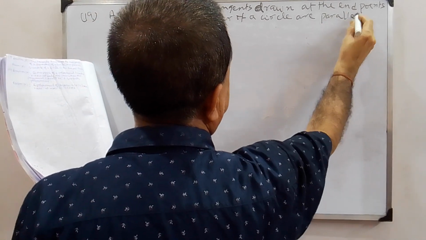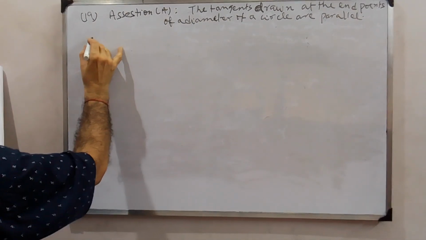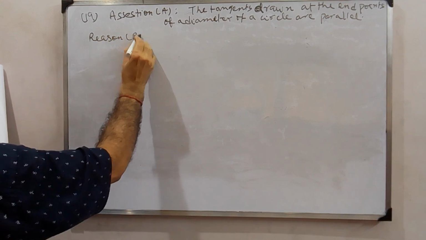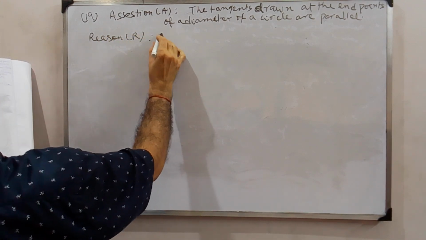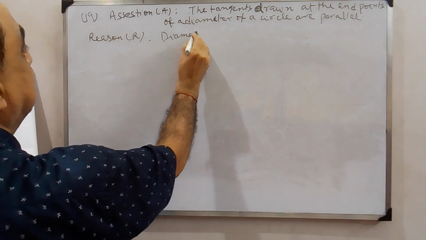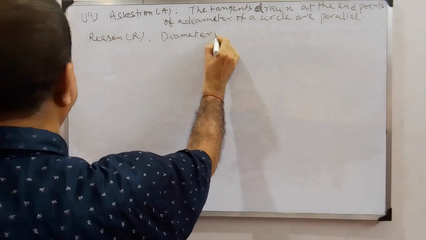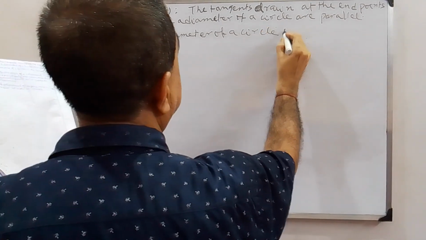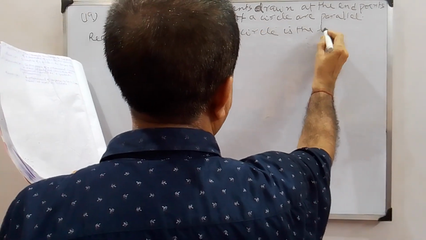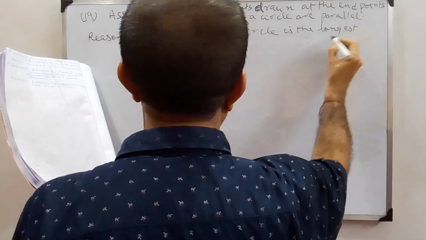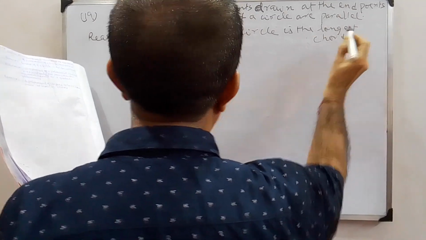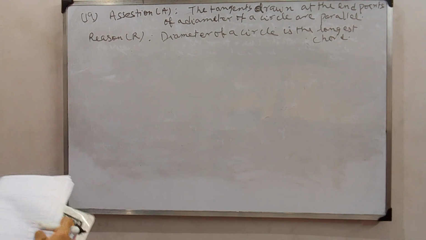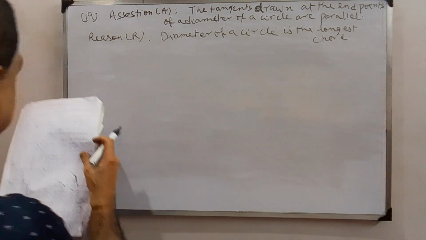That is the assertion. And the reason is given, denoted by the letter R. It says the diameter of a circle is the longest chord. So we have to say which of the four choices is correct.